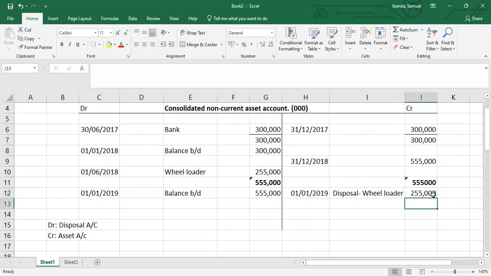Now I'll take the whole amount because this asset will no longer be in our books. So I have to write off all of it to the disposal account. So as I credit it here, I'll go and debit it in the disposal account.